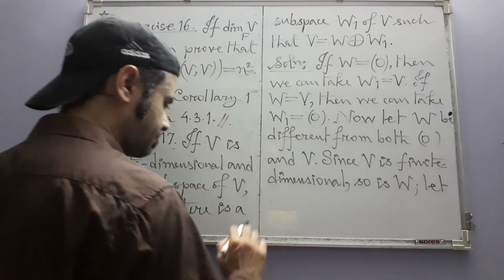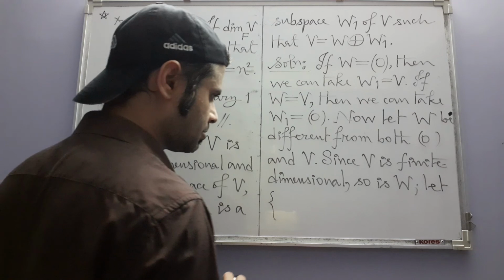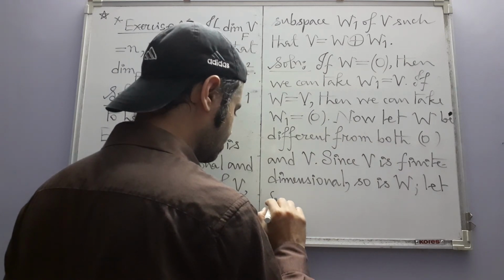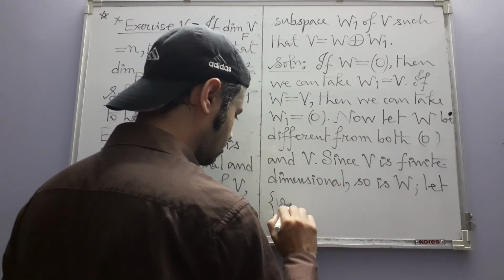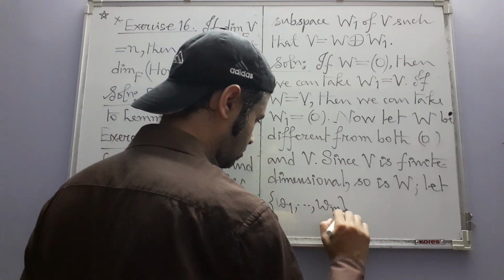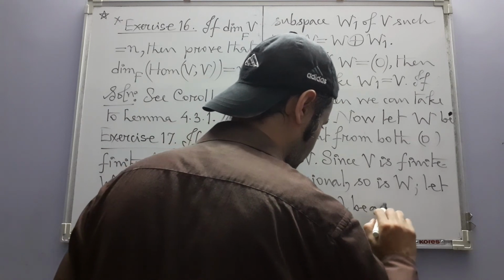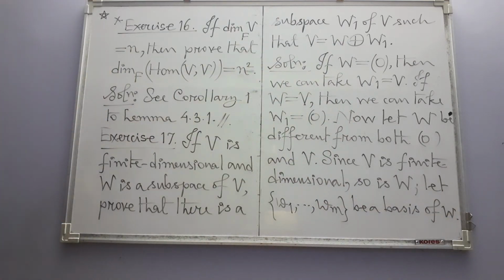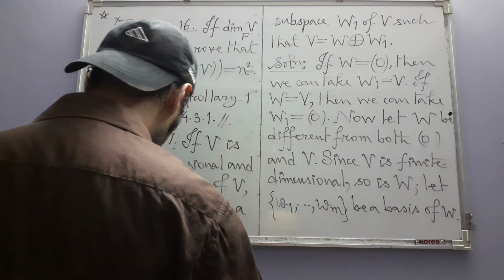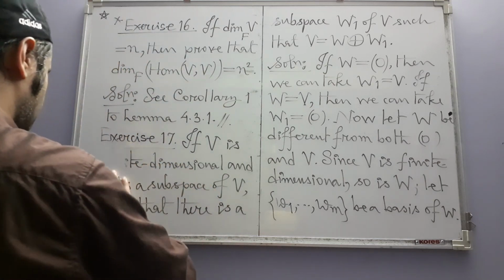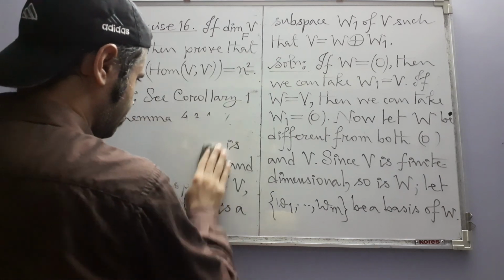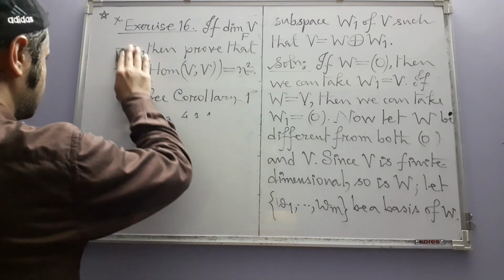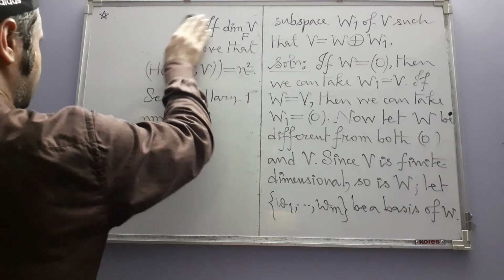And hence W will have a basis which is first of all non-empty, because W is not the zero space, so there will be something in the basis of W. Now we know from a previous result that a basis of a subspace can be blown up to form a basis of the entire space by putting some extra vectors into it.